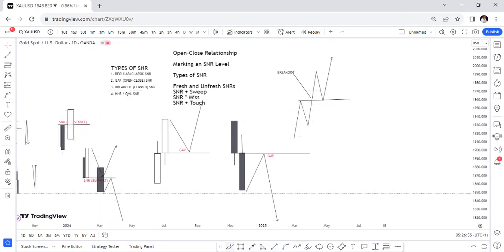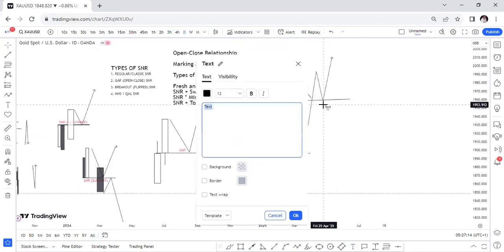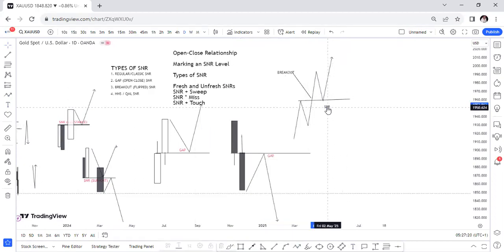We look at the retest of that place to the broken resistance and buy into it. So the broken resistance has now become what? Has now become a new support. We call it SBR. Support becomes what? Becomes resistance.